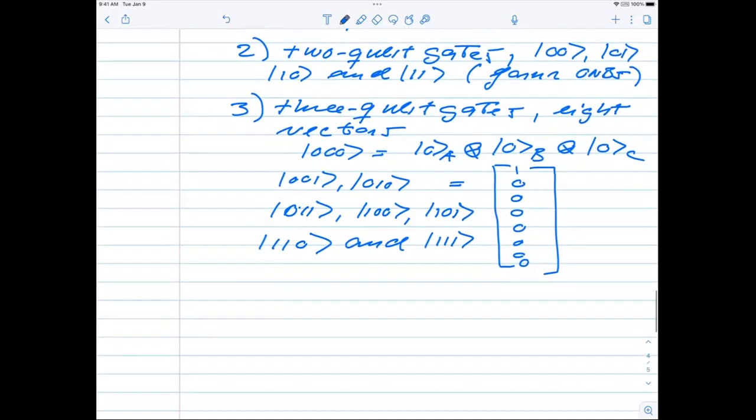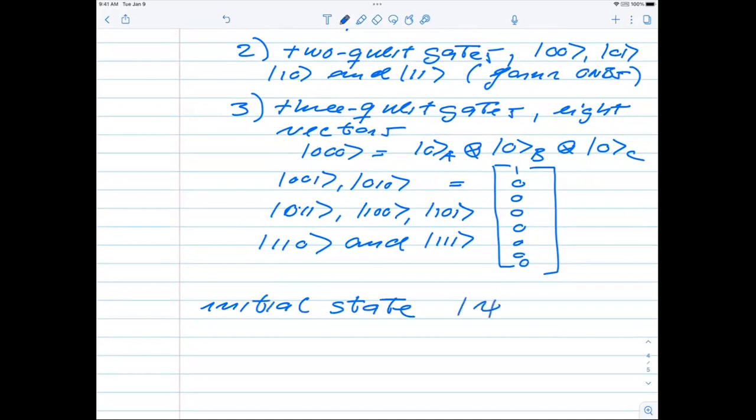And the way we're going to represent this, suppose we have an initial state. This can be an initial 1 qubit state, a 2 qubit state, or a 3 qubit state.